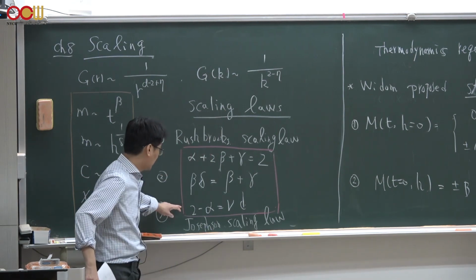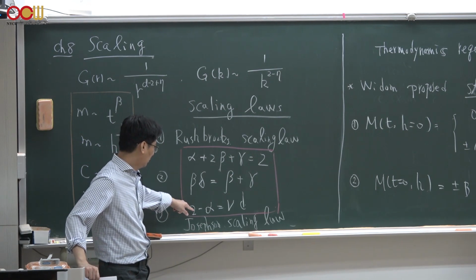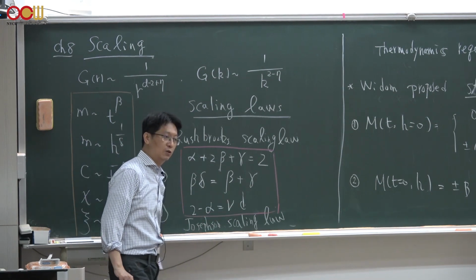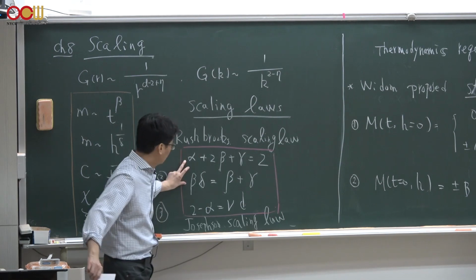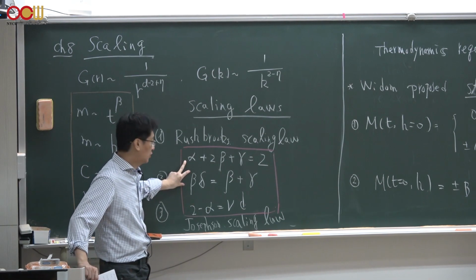And the third scaling relation is called Josephson's scaling law, which involves 2 minus alpha equals nu times d. And this is the only equation that involves the spatial dimension d here. Relations number 1 and number 2 do not involve spatial dimension d.